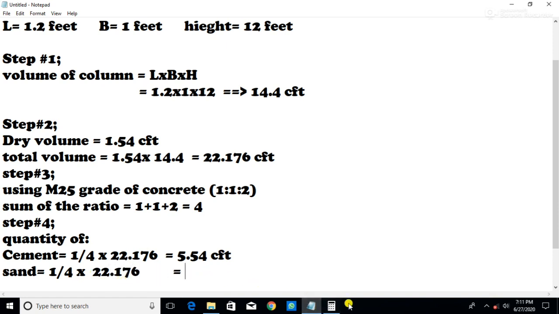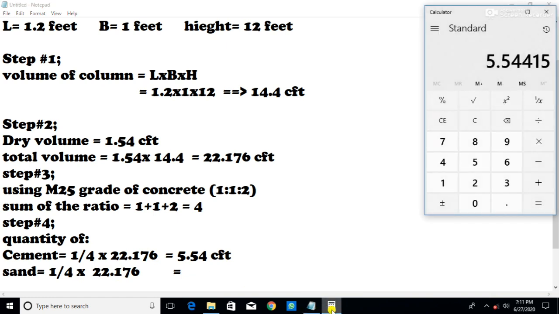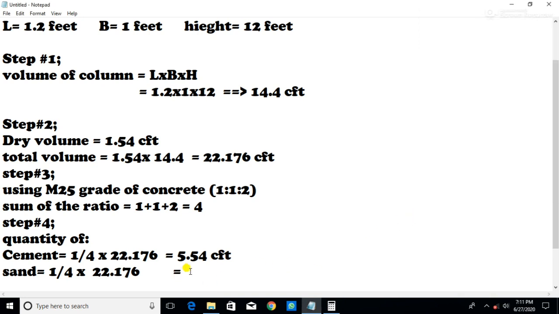To find the quantity of sand, we will solve it on the calculator. 1 divided by 4 and then multiplied by 22.176 will be equal to 5.54. It means that the quantity of cement and sand will be the same, 5.54 CFT.